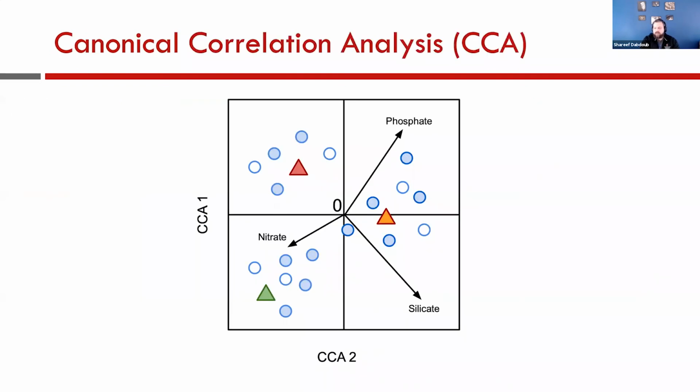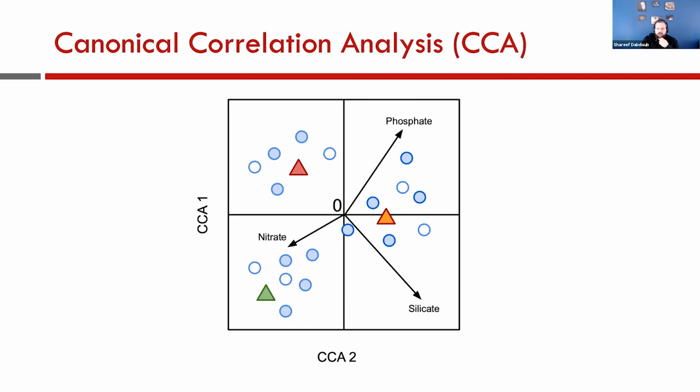Canonical correlation analysis is a multivariate constrained ordination technique that attempts to extract major gradients among combinations of explanatory variables in a data set. Plain CCA isn't really useful for microbial ecology because of the qualities of the data, but there are modern modifications to CCA that are useful for microbial analysis.